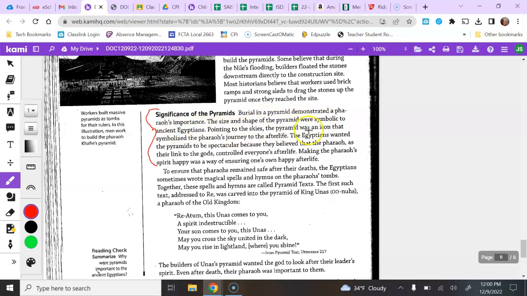The size and shape of the pyramid were symbolic to ancient Egyptians. Pointing to the skies, the pyramid was an icon that symbolized the Pharaoh's journey to the afterlife. The Egyptians wanted the pyramids to be spectacular because they believed that the Pharaoh, as their link to the gods, controlled everyone's afterlife. Making the Pharaoh's spirit happy was a way of ensuring one's own happy afterlife.